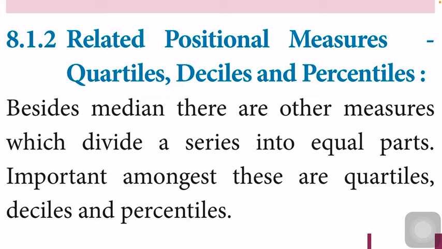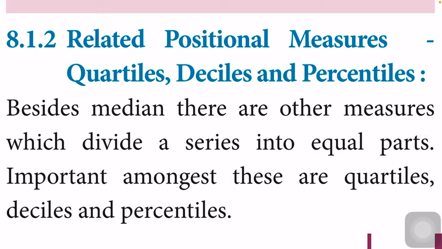We know the median divides the given series of data into two equal parts. Now, we have quartiles. Usually we call 1 by 4 a quarter, so quartiles divide the whole series of data into 4 equal parts.